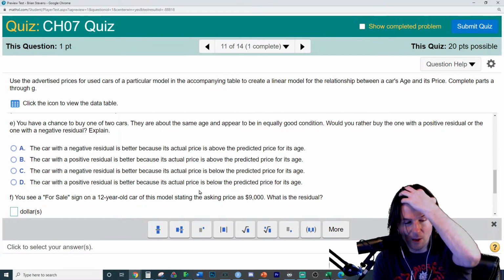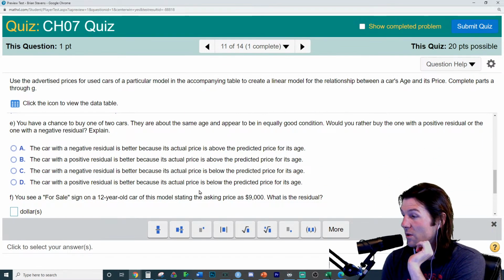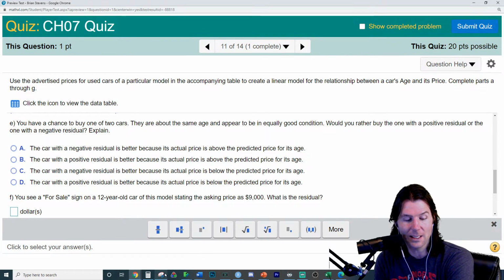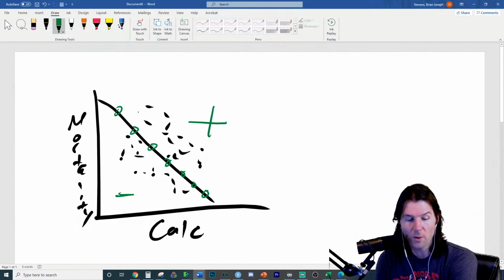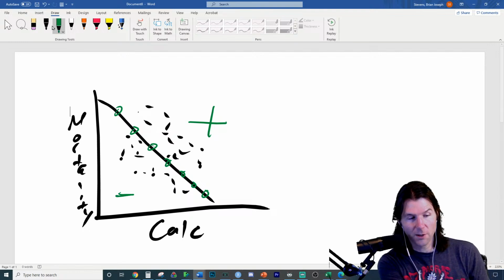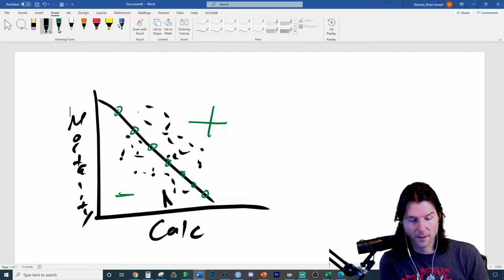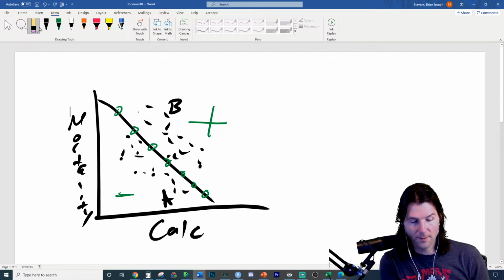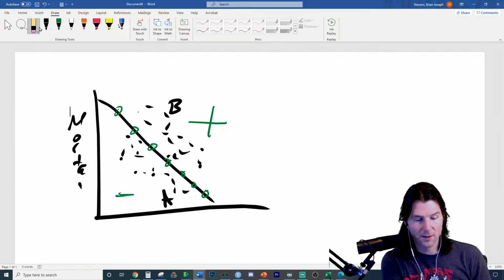You have a chance to buy one of 2 cars, and let's say these are the same exact car. Would you rather buy one with a positive or negative residual? Here's car A or car B. We'll pretend it's the same car.